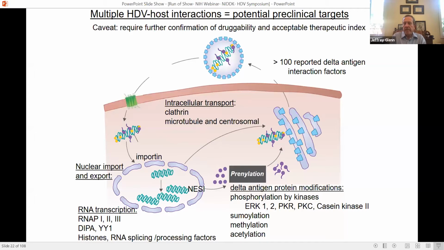And there's also intracellular transport molecules that have been implicated in the viral trafficking through the cell, and over 100 reported interactions between delta antigen and different host factors. And all of these, again, represent potential targets for therapeutic intervention. Of course, with the big caveat, they require further confirmation, both of their druggability, and that doing that, there's an acceptable therapeutic index.